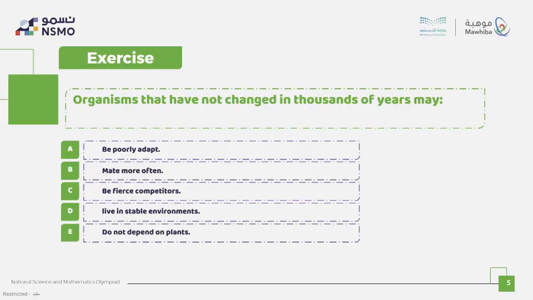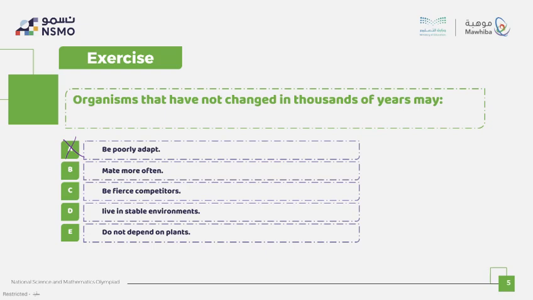Let's analyze the first option, poorly adapted. Why would that one be incorrect? Because if it were poorly adapted, it wouldn't survive for thousands of years. You got it? Okay, let's move on to the next, mate more often.